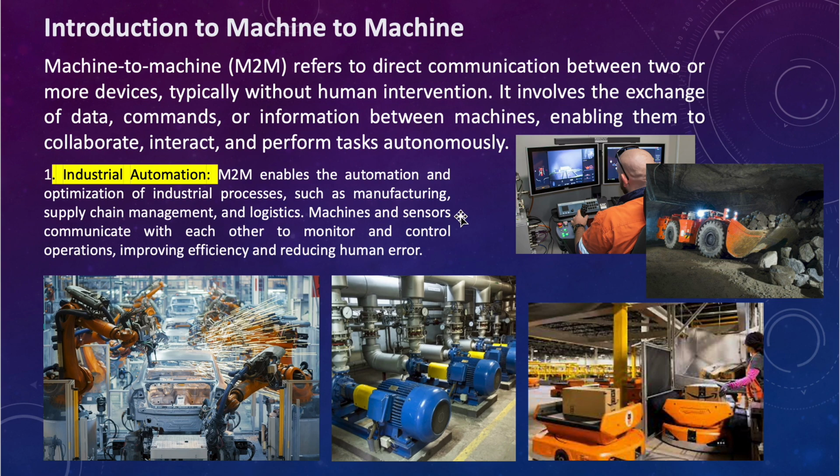There can be some kind of human intervention, there can be some kind of human monitoring, but mostly the functions are done by themselves. It involves exchange of data, commands, and information between machines. These things we talked about when coming into IoT, enabling them to collaborate, interact, and perform tasks autonomously.